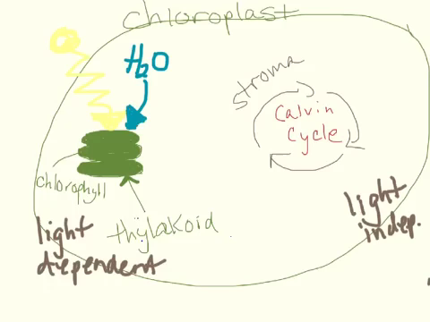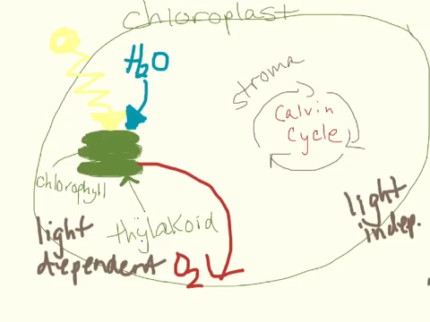So when photons of light come in and water comes in, it's going to react with the chlorophyll. And imagine how powerful this reaction is, that the water actually splits. And when that split occurs, oxygen gas is given off.